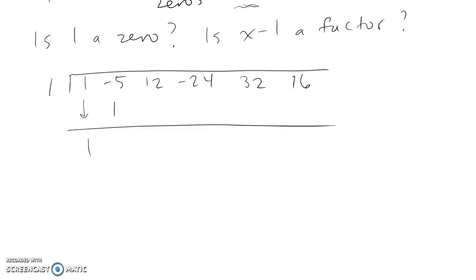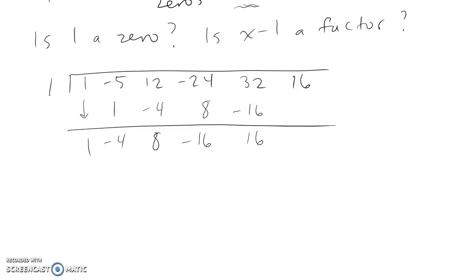Adding negative 5 and 1 gives us negative 4. Negative 4 times 1 is negative 4. 12 minus 4 is 8. 8 times 1 is 8. Negative 24 plus 8 is negative 16. Negative 16 times 1 is negative 16. 32 plus a negative 16 is a positive 16.